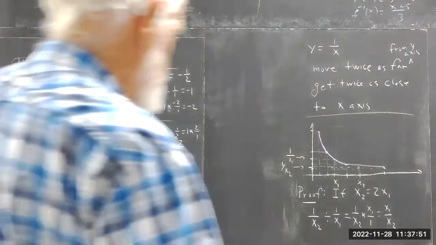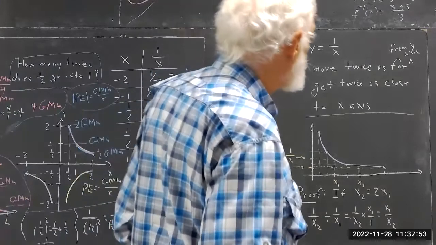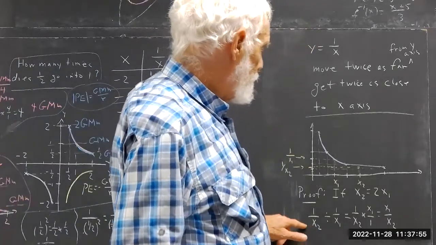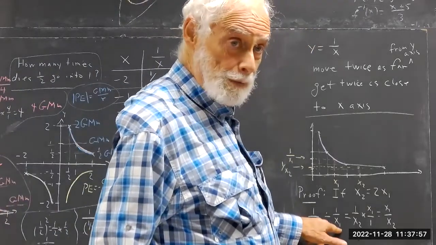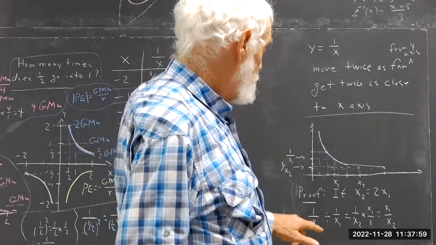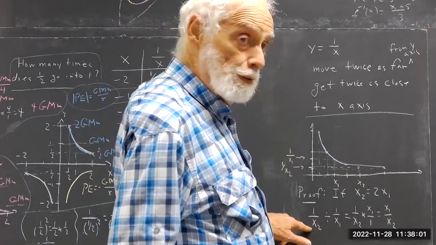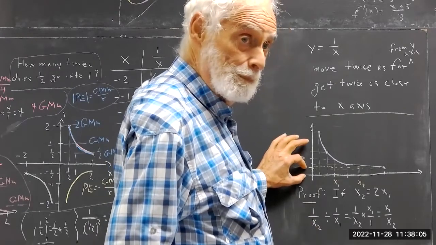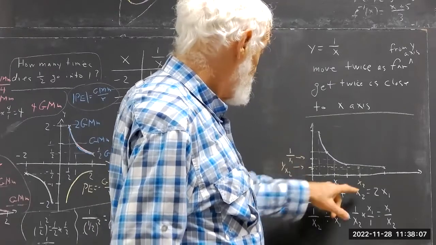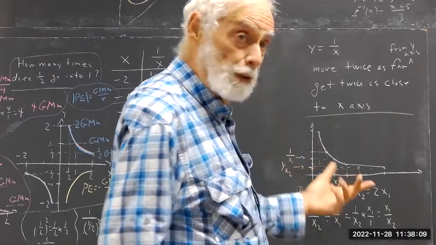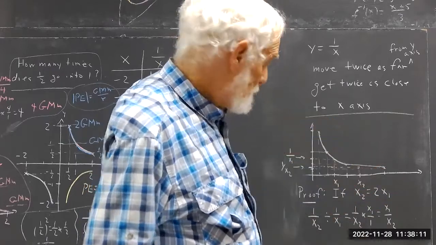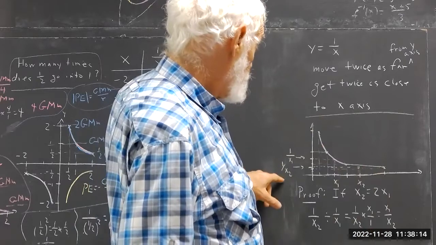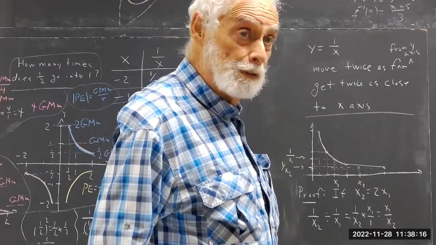What we're trying to get our heads around here is that we're dividing one of these numbers by the other. Now the number we're dividing into is this one. Because there's your 1 over x2, because x2 is twice as far as x1. It turns out then that 1 over x2 is half as big as 1 over x1, isn't it?